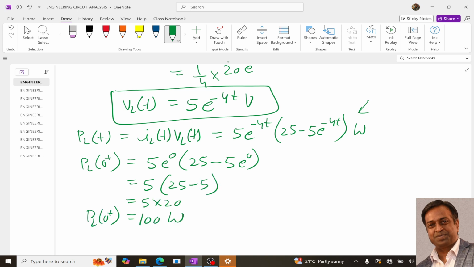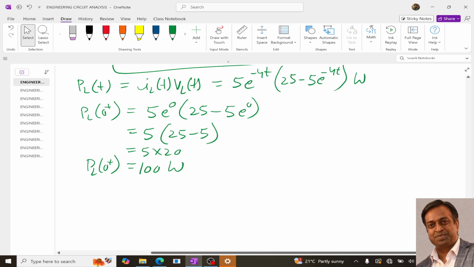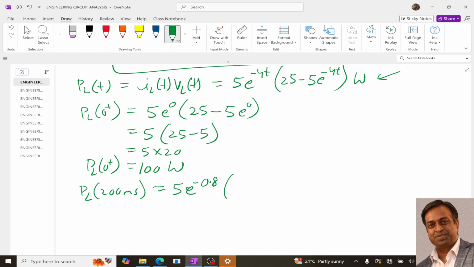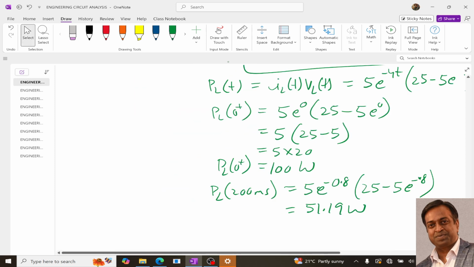And second, we need to determine at 200 millisecond. If you substitute 200 milliseconds, meaning 0.2, in this equation, you will get 5 e power minus 0.8 into 25 minus 5 e power minus 0.8. The answer that you will get is 51.19 watt. And third, we need to determine for 0 minus.